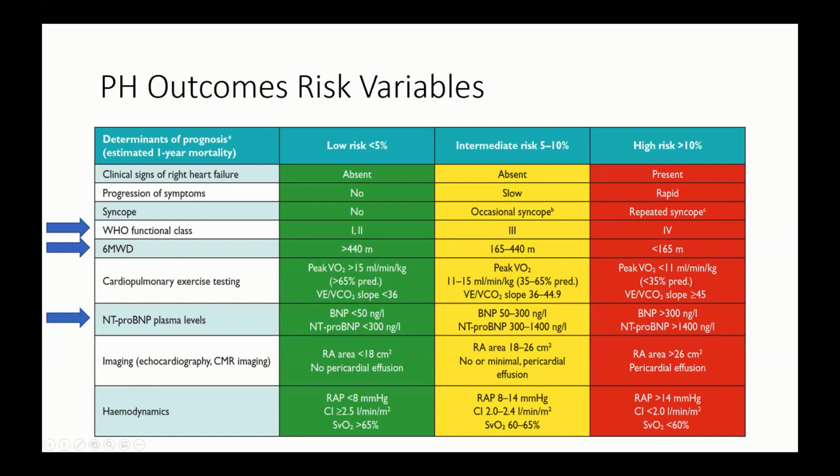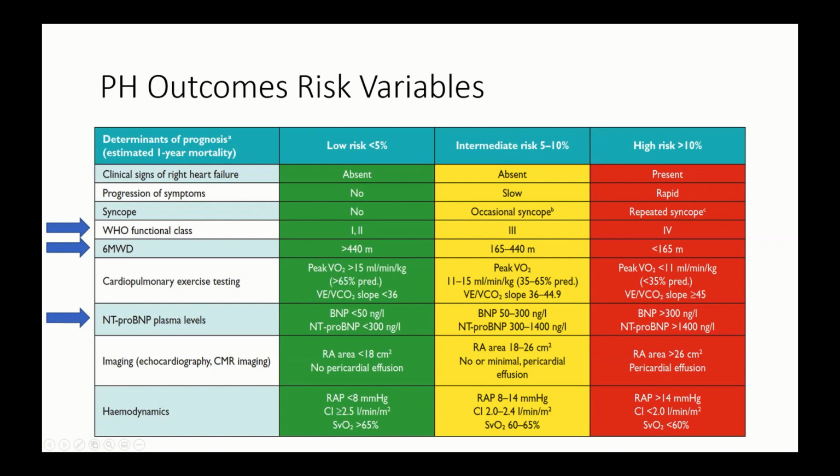While there are many mortality predictors in pulmonary hypertension, including symptoms, syncope, imaging, hemodynamic measurements, the most sensitive predictors of outcome are the WHO functional status, the 6-minute walk distance, and the BNP level, those 3.